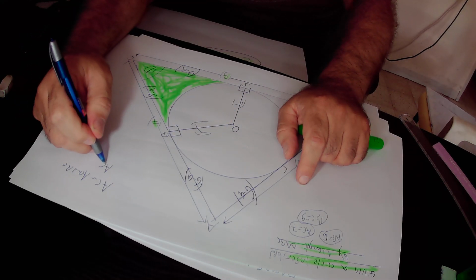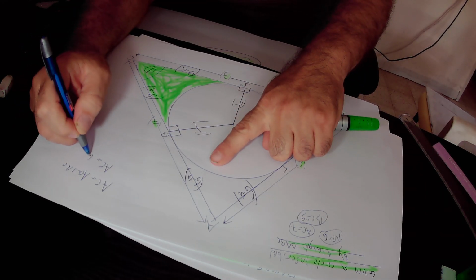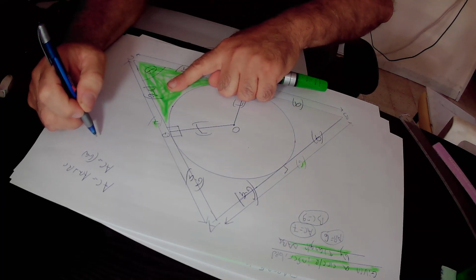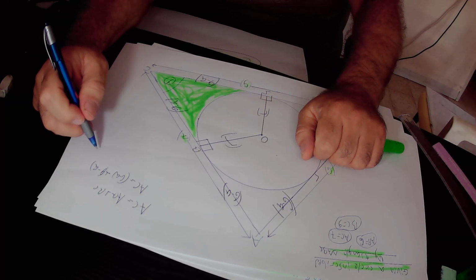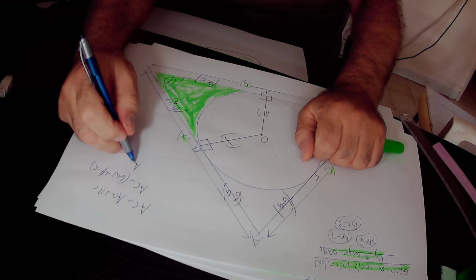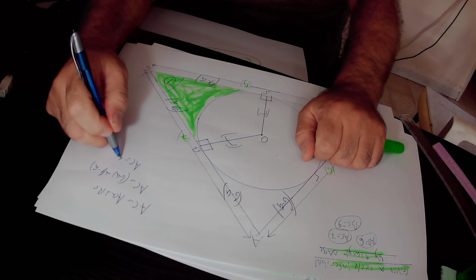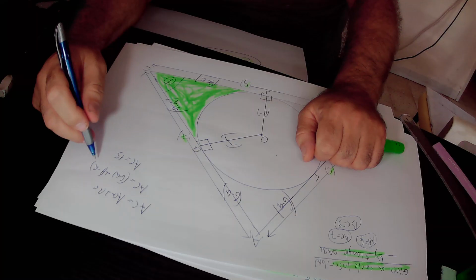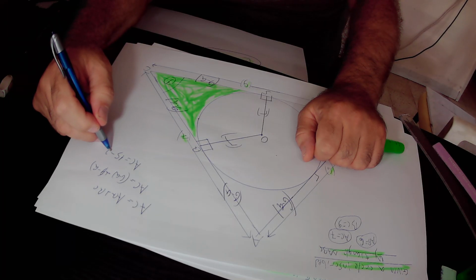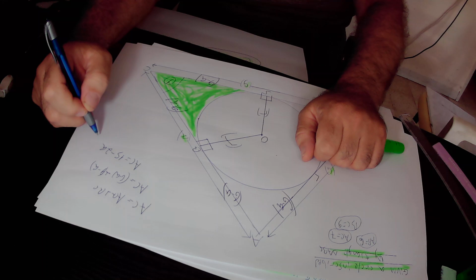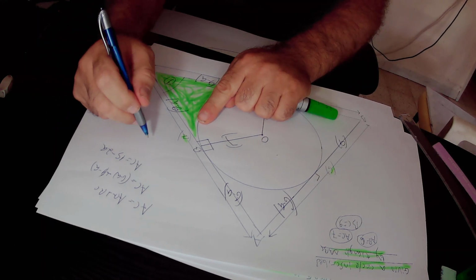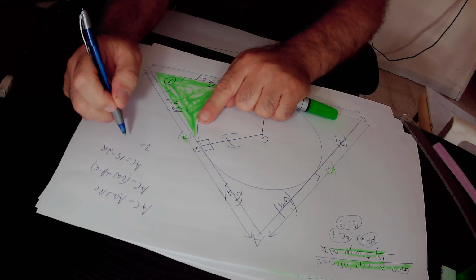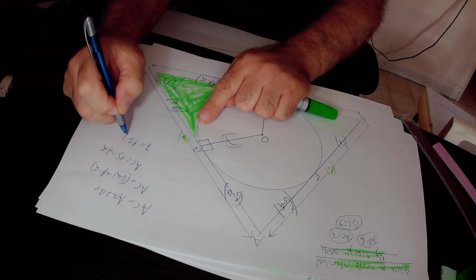So AC in total equals AQ, that is 6 minus A, plus QC, that is 9 minus A. So AC equals 6 plus 9, that is 15, minus A minus A is minus 2A. So we found that AC equals 15 minus 2A. But AC equals 7, so we can substitute AC by 7 and get that 7 equals 15 minus 2A.